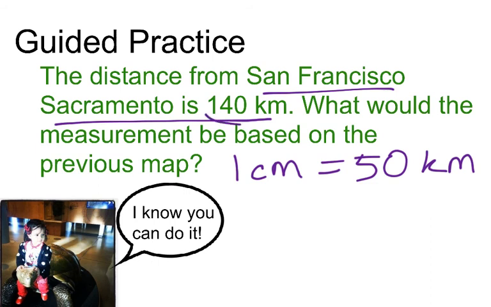So I want you to think about what you're dealing with very carefully. I have 140 kilometers. How can you set this up as a proportion? If you need to go back to the previous example, make sure you do that and think very carefully what your answer is going to look like. Go ahead and try this one on your own. I know you're going to do a great job.